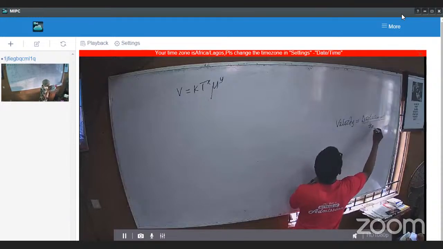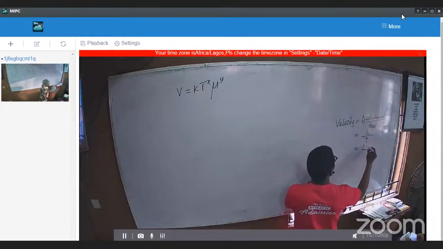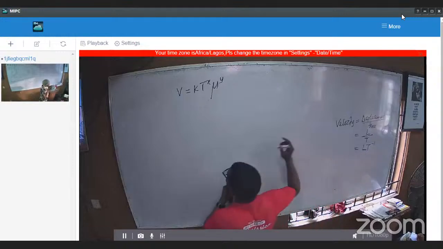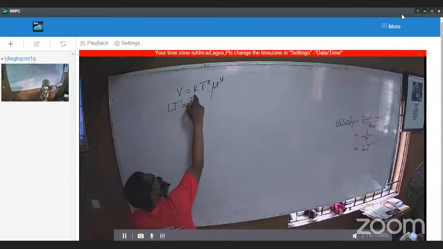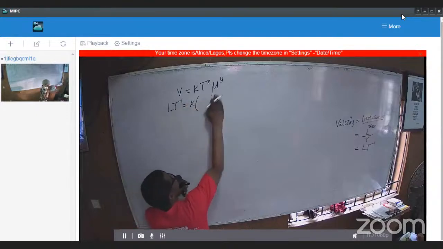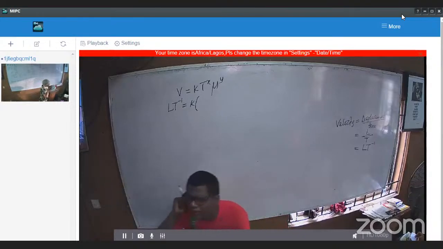Displacement is length, L. Time is T. So you have LT minus 1. K is constant, leave it there. That T is tension, and tension is a force.